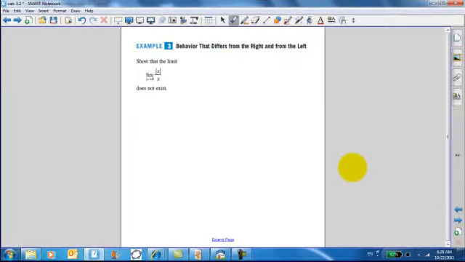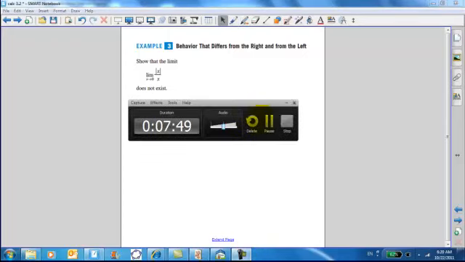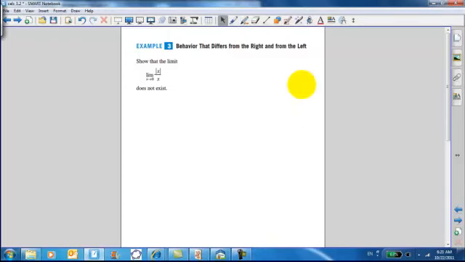Now, let's look at some examples of behaviors that differ from left to right. Show that the limit as x approaches 0 of the absolute value of x over x does not exist. We'll look at this visually. From the definition, the absolute value of x equals x if x is greater than or equal to 0.